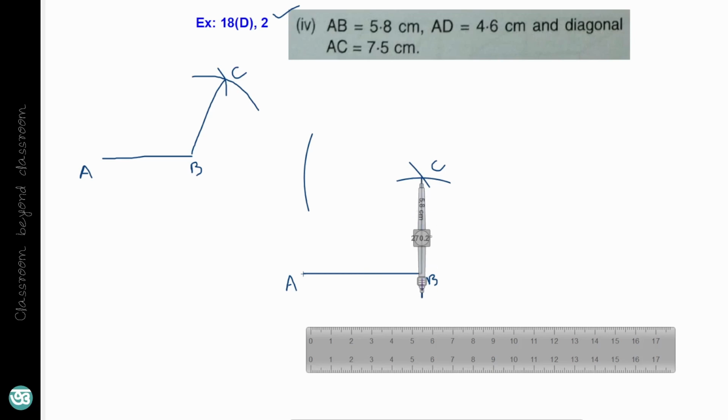Now we'll take the center A and cut this arc at this point. Okay, what we get? We get point D now, and if we join AD and DC, then this is the required parallelogram.